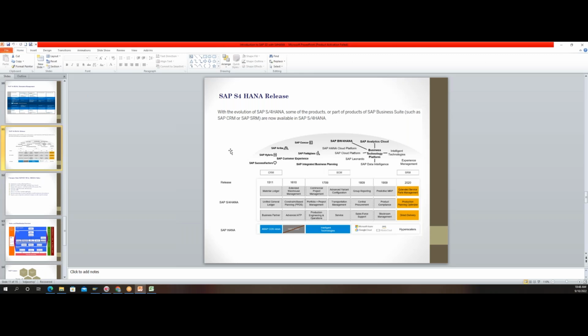Likewise, in SAP HANA, again, I'm saying SAP HANA is a database, S4 HANA is an ERP software. When I say database, it started with ABAP CDS views, and then there is an intelligent technology, and now it has improved and brought in some hyperscalers and such into SAP HANA.